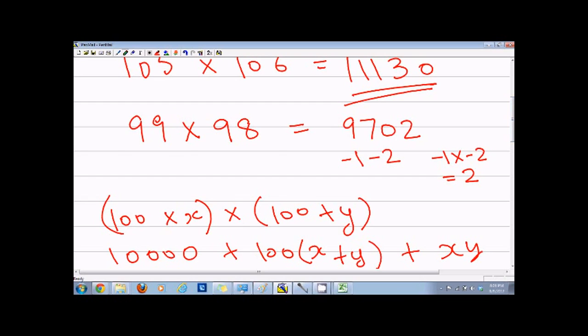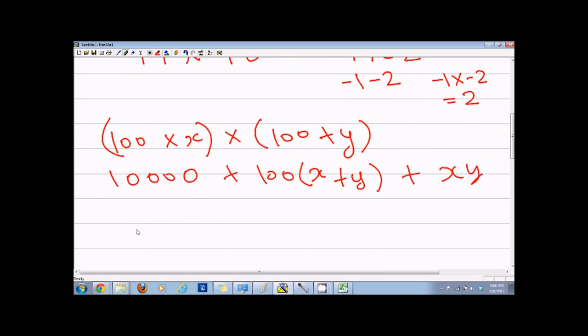If you look closely at this equation, my trick was very similar to it. I was adding two numbers together and then multiplying two numbers together. However, when I add the numbers together, I add them on the hundreds place, and when I multiply them together, I add them on the ones place.